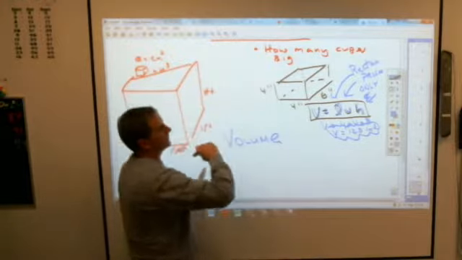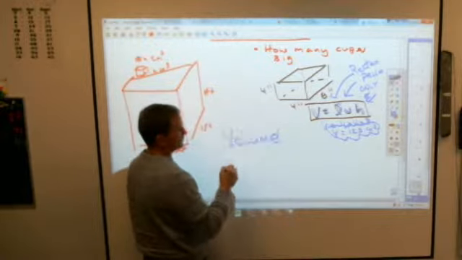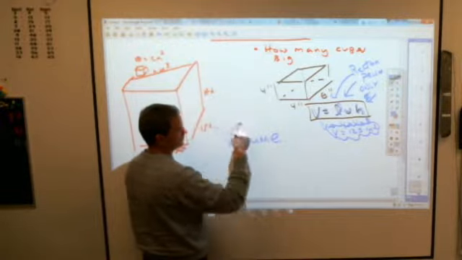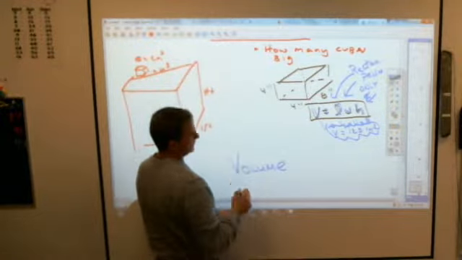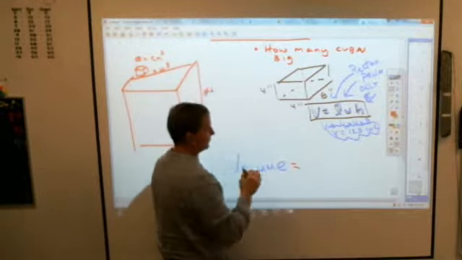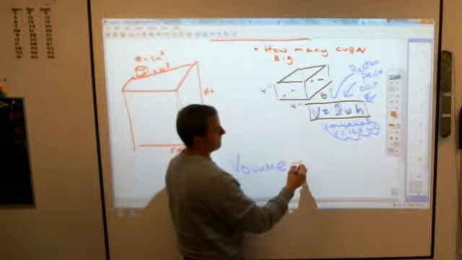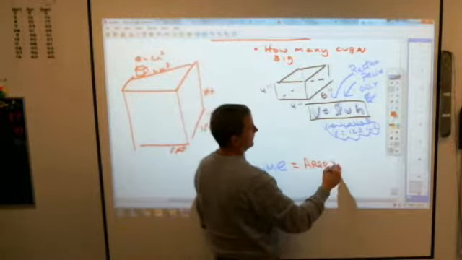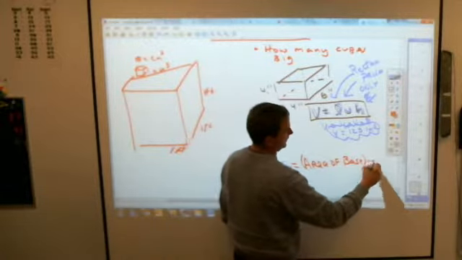Volume, children, kids of all ages, volume is, ladies and gentlemen, drum roll please, this: area of base, let's put that in parentheses, times height.